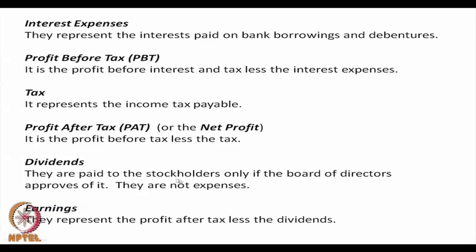Therefore, dividends are not to be confused with expenses. Earnings are profit after tax less the dividends that are plowed back by the company in its own investment for growth and sustenance of the company's activities.